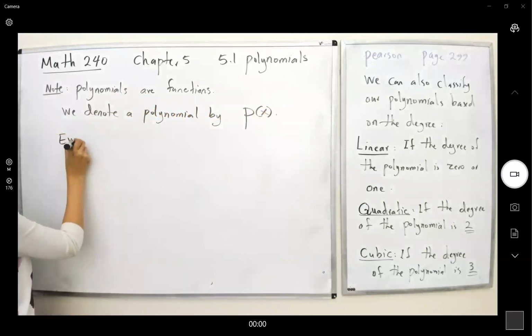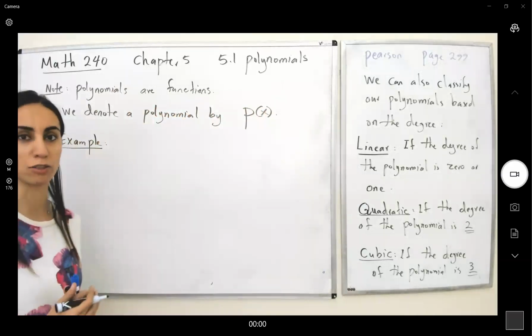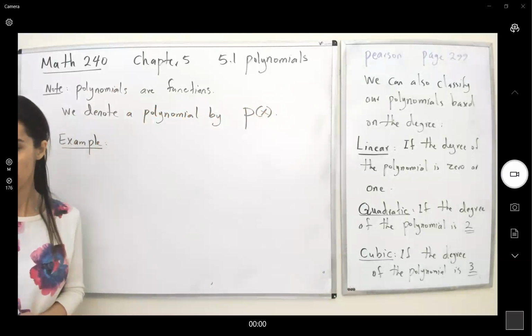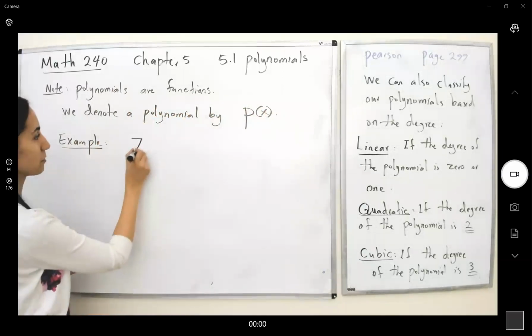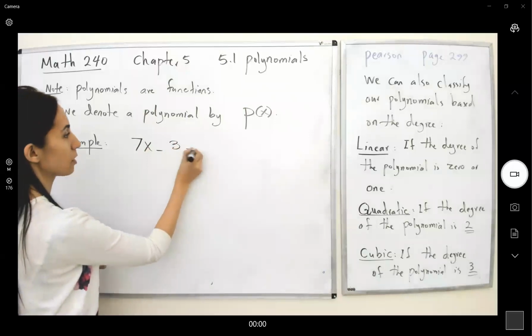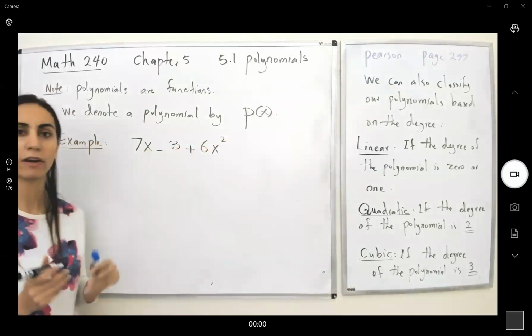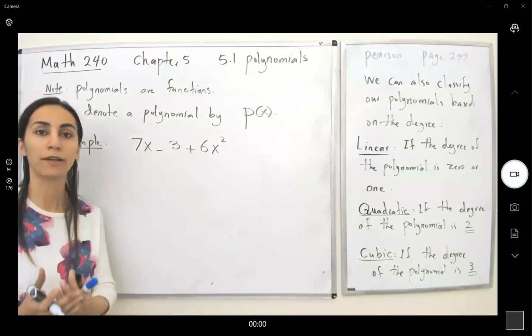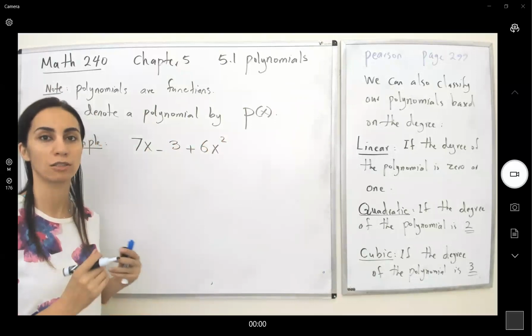For example, suppose you have the following polynomial function. This function is 7x minus 3 plus 6x squared. Very well. First of all, you can write this polynomial function using standard form.